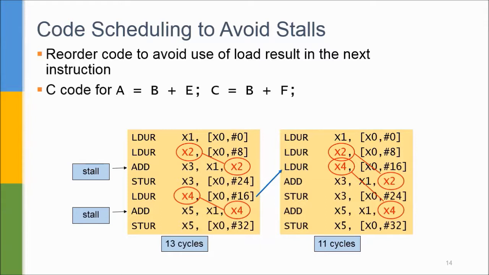So on the pipelined processor with forwarding, the reordered sequence will complete in 2 fewer cycles than the original one, and the code completes in 11 clock cycles instead of 13 clock cycles.